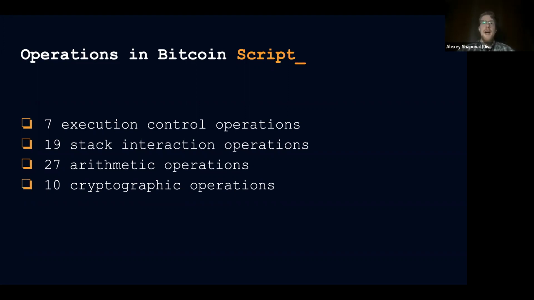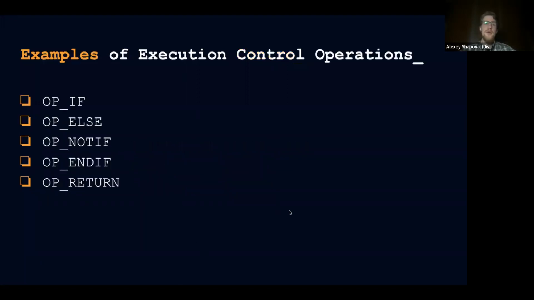For example, add to the stack, remove from the stack, swap values in the stack, reverse the stack, etc. Then we have 27 arithmetic operations, which, in addition to basic math like addition, division, multiplication, you also have operators like minimum value, maximum value in the stack, etc. And 10 cryptographic operations, which include verifying signatures, hashing, checking the hashes, and so on. Let's look at them more closely.